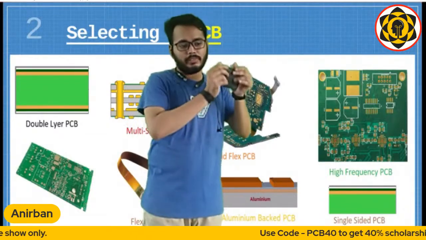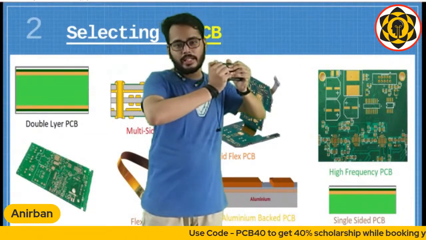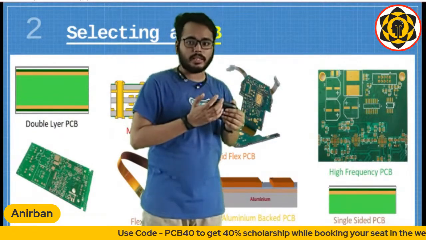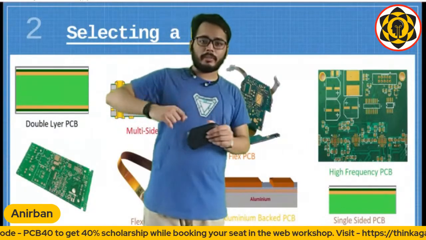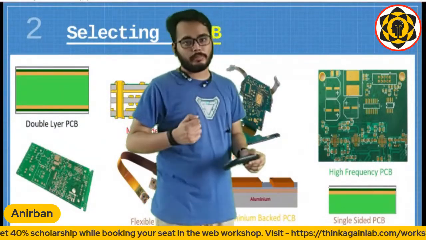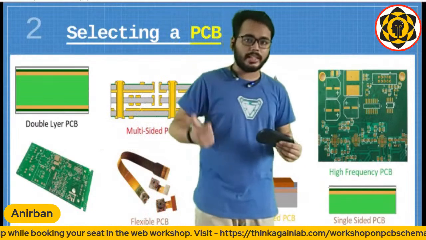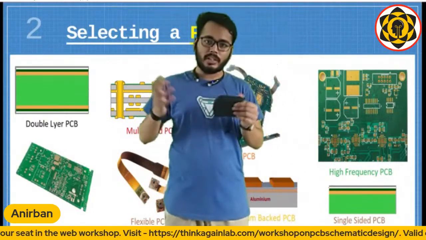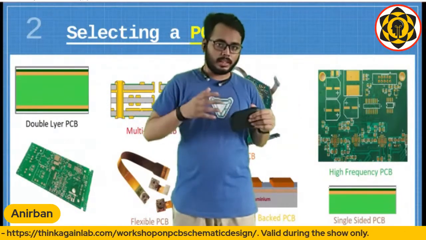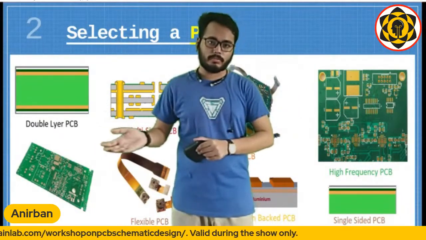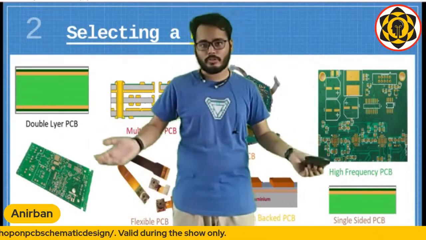A normal PCB, if I bend it hard enough, it will break. If you bend your phone hard enough, it will break. But these reinforced PCBs, you can beat them with a hammer and they will not break. Maybe the components on the top and bottom will get damaged, but the PCB itself will not break. That's what aluminum-backed PCBs are for. These things are for high pressure requirements.